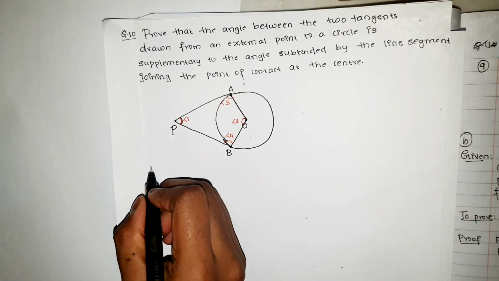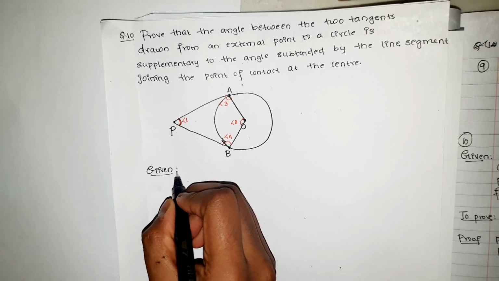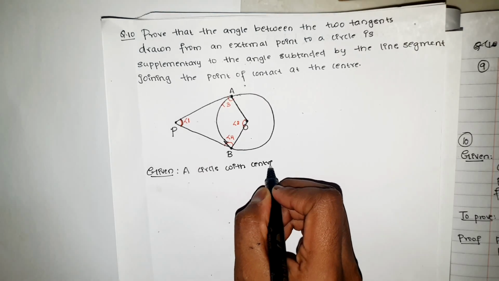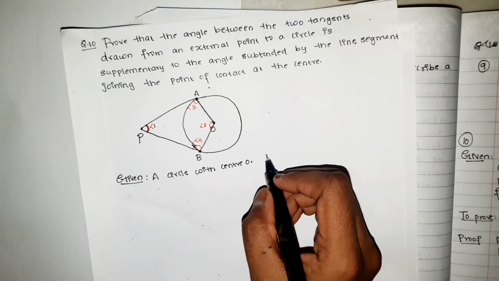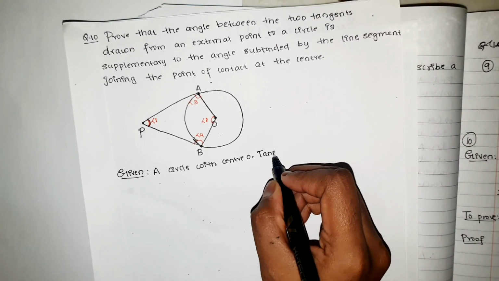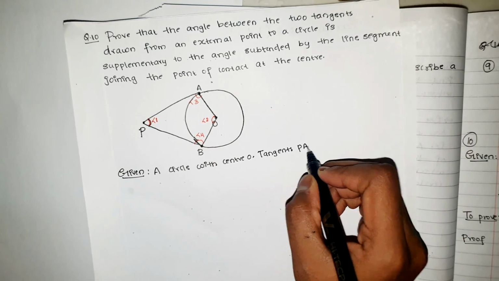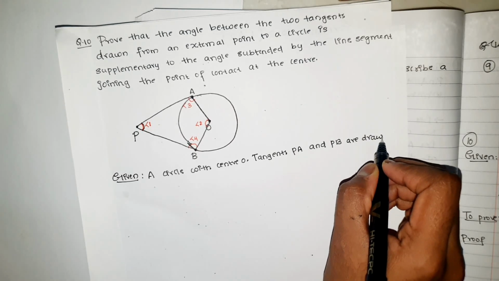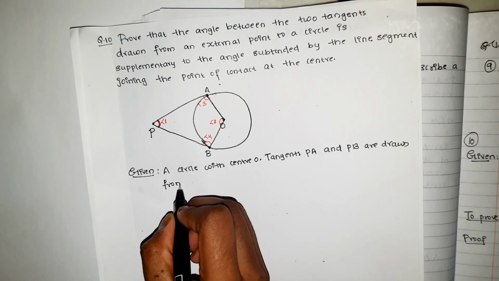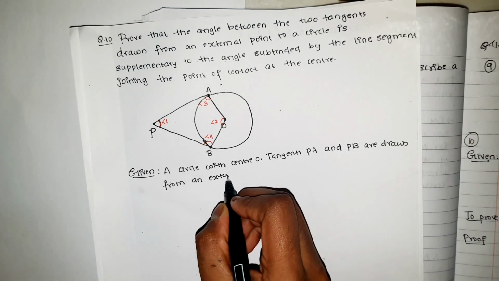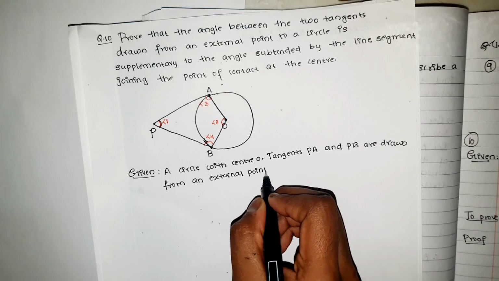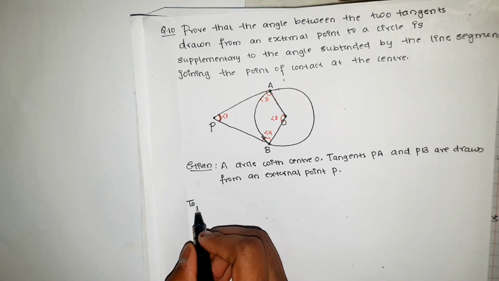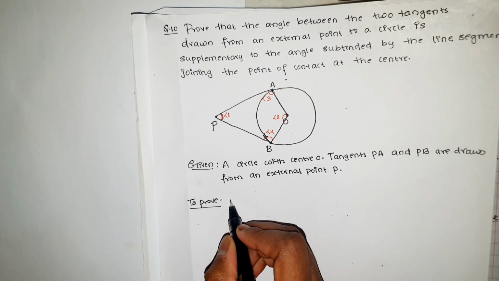So what is given? A circle with center O, then tangents PA and PB are drawn from an external point P. To prove, what we have to prove?